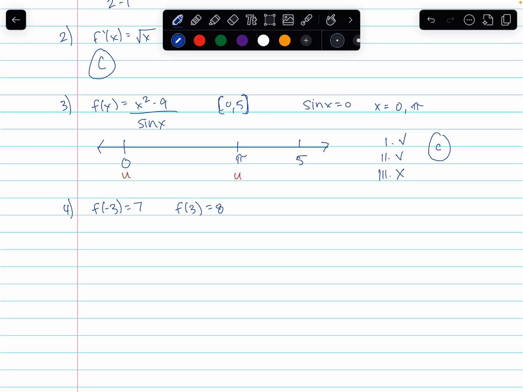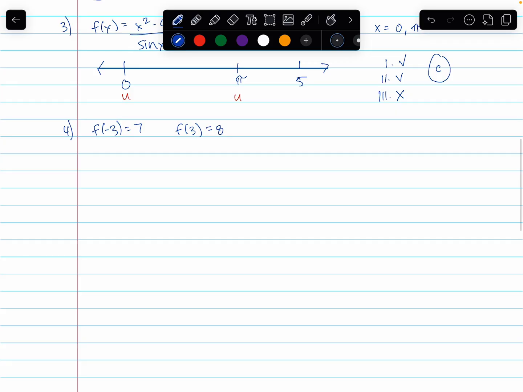But let's review what the theorems say. If we graph these points, f of negative 3 is 7, and f of 3 is 8.